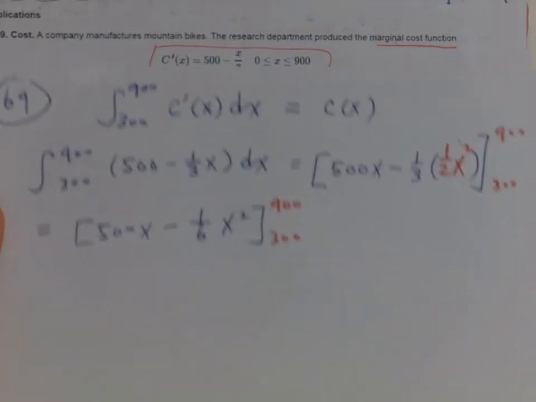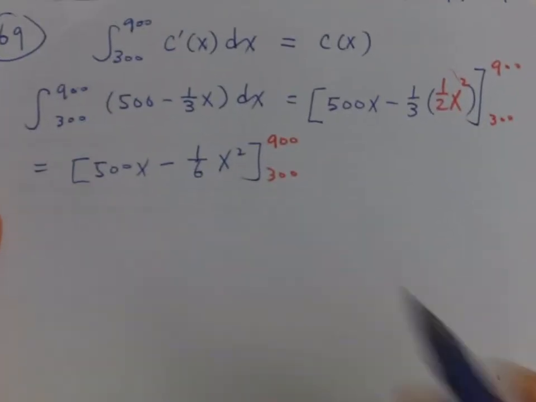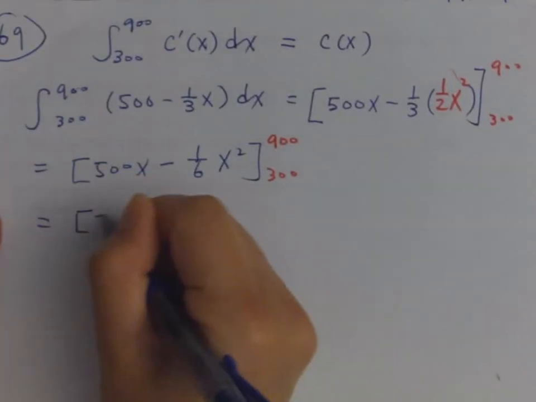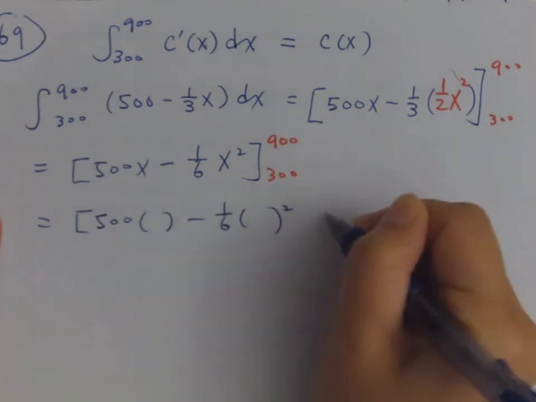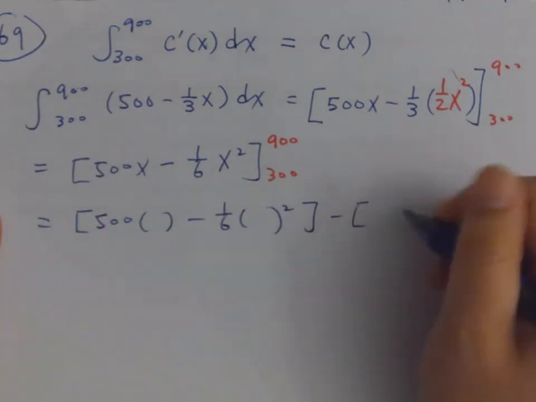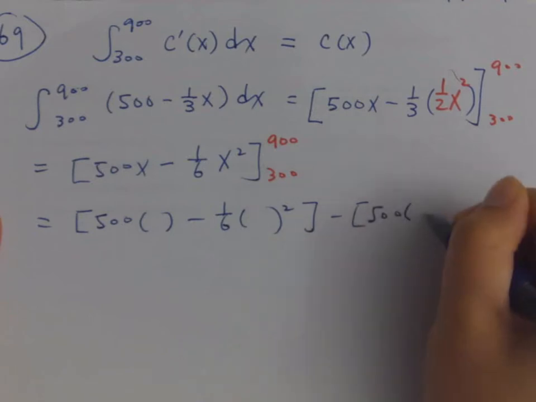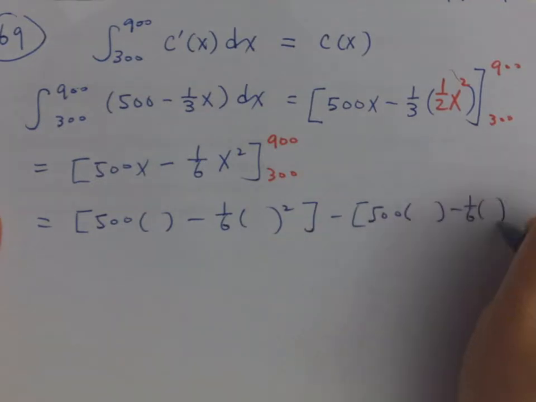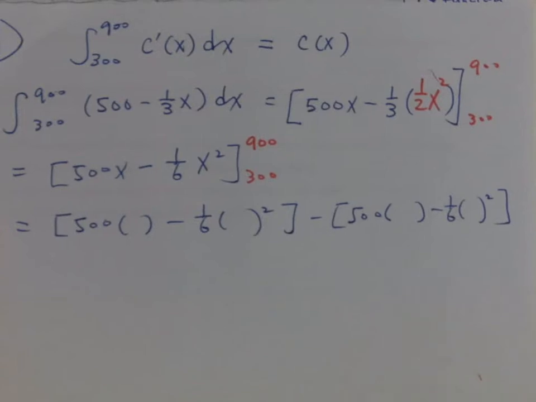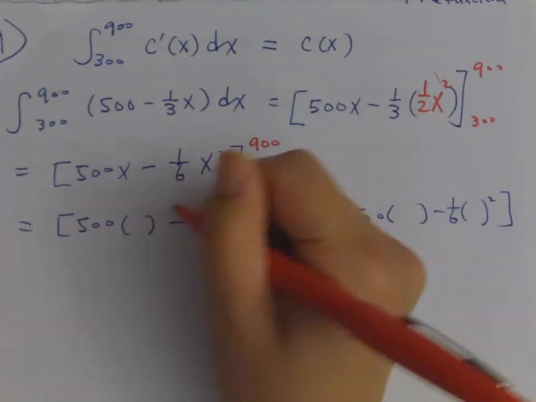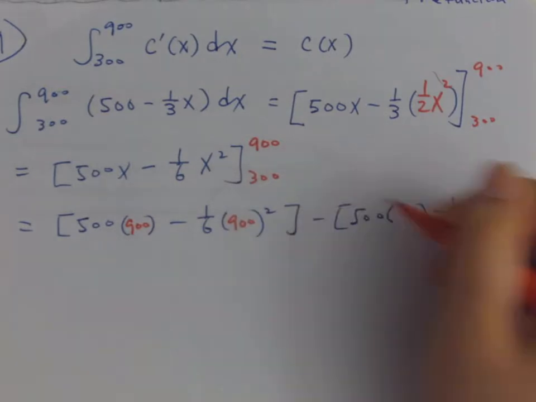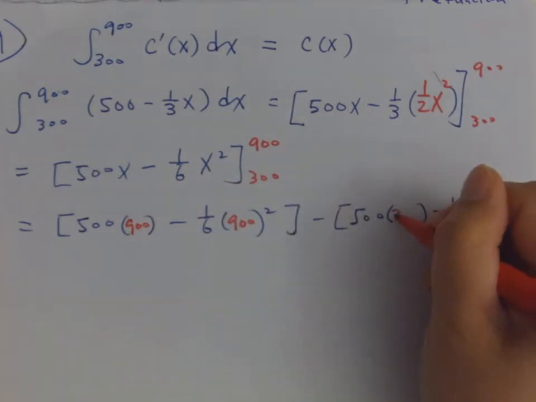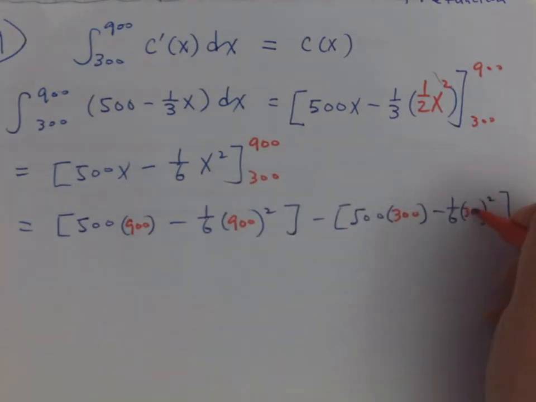Alright, so now we can plug in the upper limit, subtracting the lower limit. Okay, so the first one we plug in 900, and then 900, and then this would be 300 and 300.